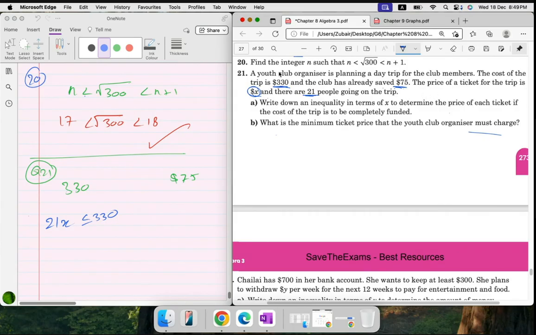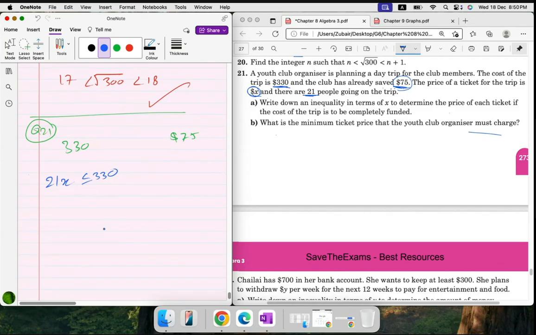What do you say? How will you do this? I think it would be, we're gonna minus 330 with 75, I think. He has already saved $75. So I would say that if he is just charging it, we're gonna minus it, I think so, because he's already saved. So the cost is 330.